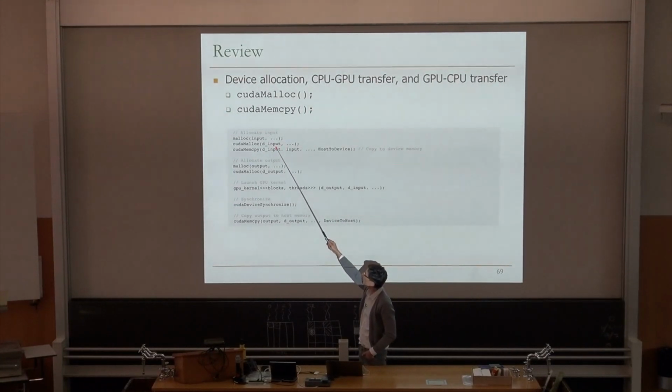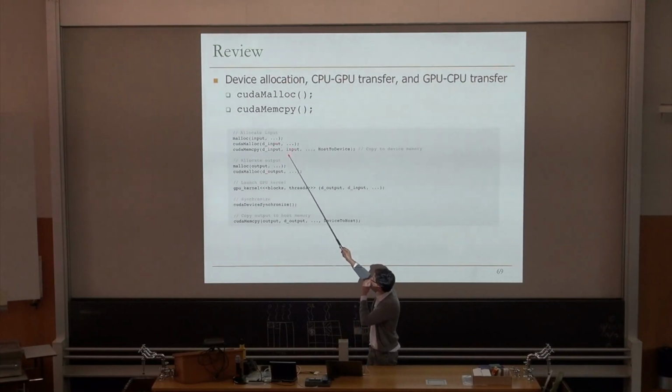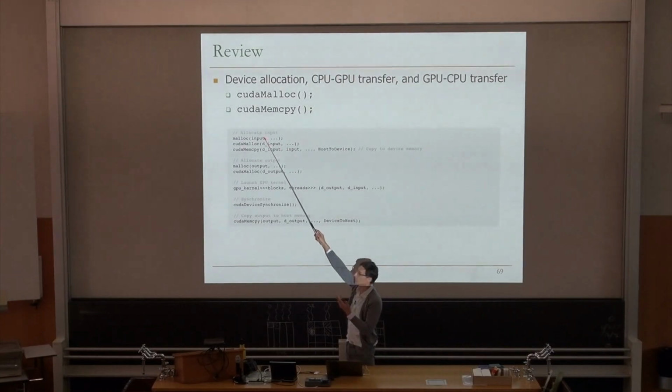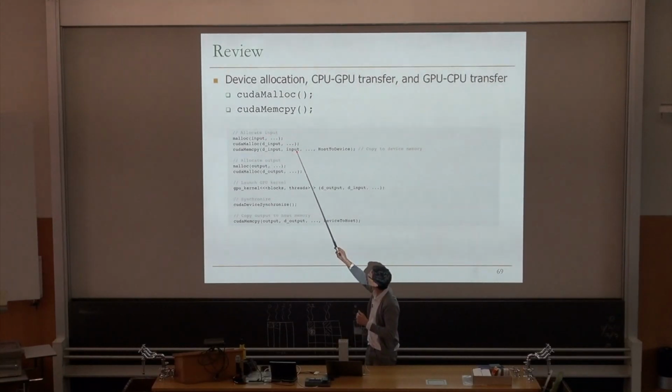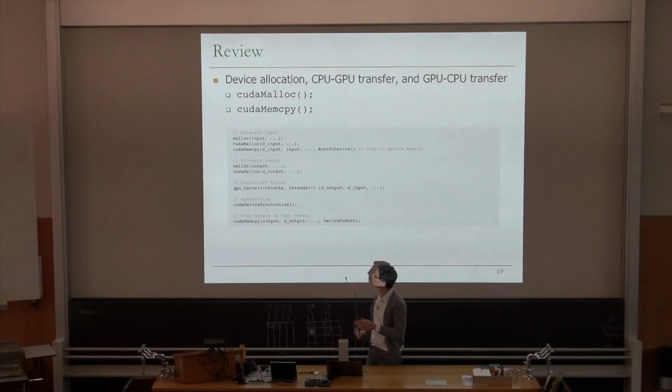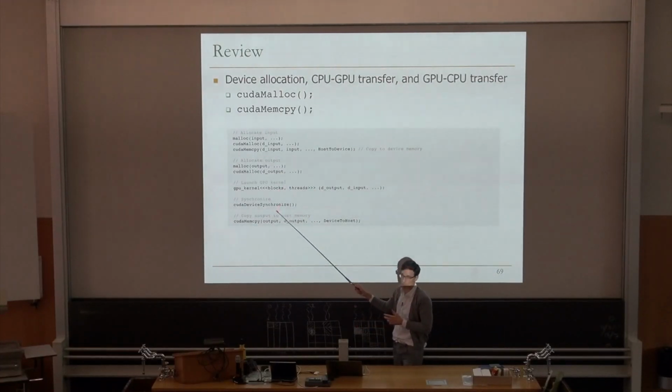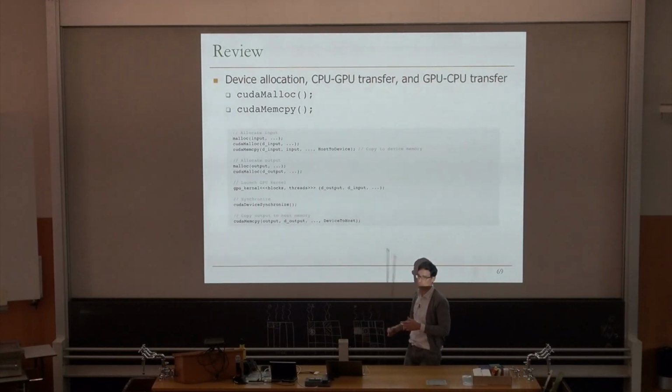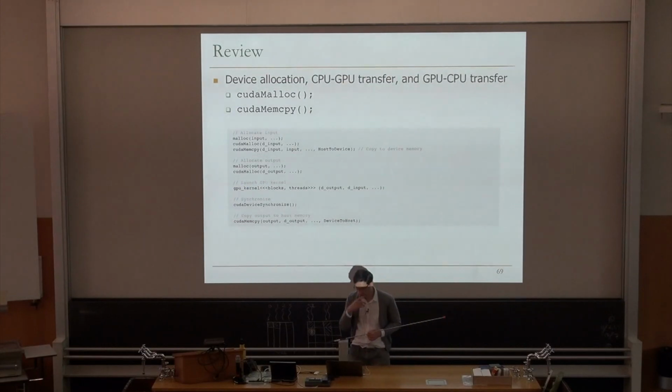In this case, you have here the input and the output, and to copy the input from the host, that is, in this case, some array called input that has been allocated using malloc, copy from this input array in host memory to the d_input array in the device memory, and after that we also allocate the output, and after that we launch the kernel. When we want to make sure that the kernel has finished, we use CUDA device synchronize, and we copy the output from the GPU memory to the CPU memory.